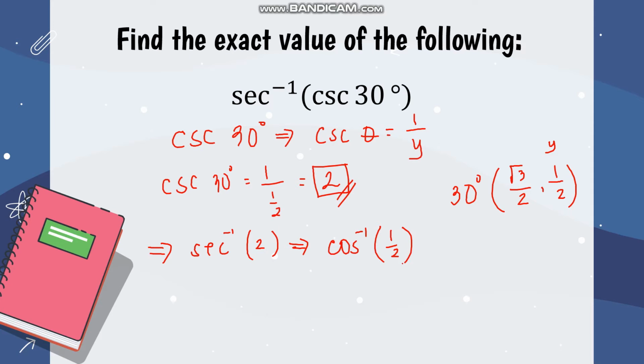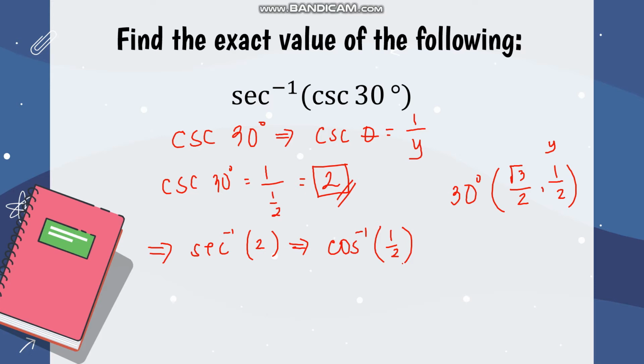So we need to solve now for cosine inverse of 1/2, or we have to identify what angle will give us a cosine of 1/2. So remember, cosine can be solved by getting the x coordinate of a point. Looking at our special angles, which among them has an x coordinate of 1/2?